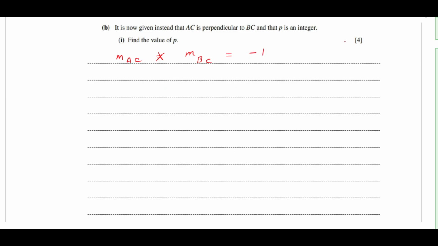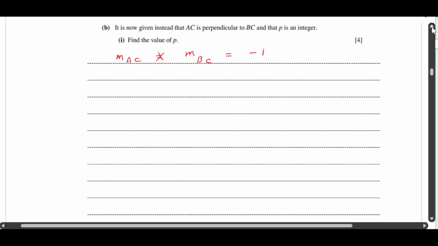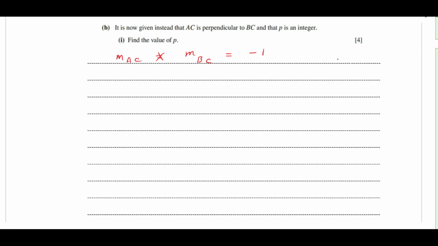Now for the slope of AC, let us see again the coordinates given in the problem. The coordinate of A is 5 comma minus 2.